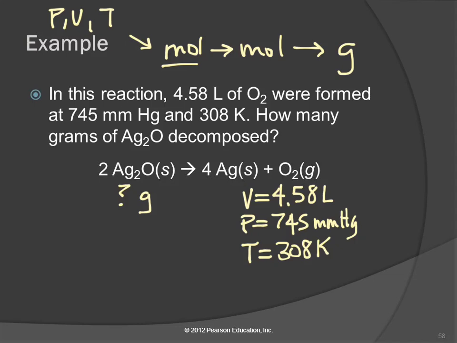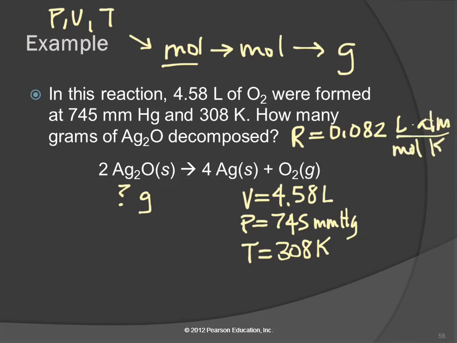Are these units that we're given all good units for an ideal gas law calculation? No. Which one's not? The pressure's not right, because the R is 0.0821 liter atmospheres per mole Kelvin.